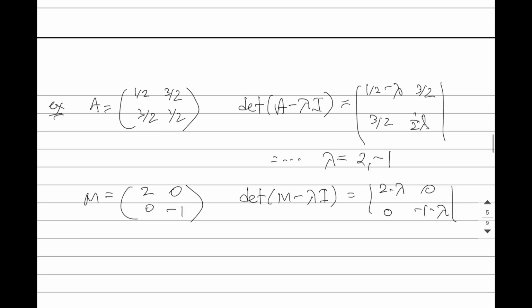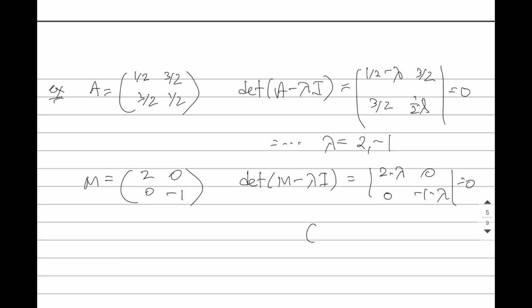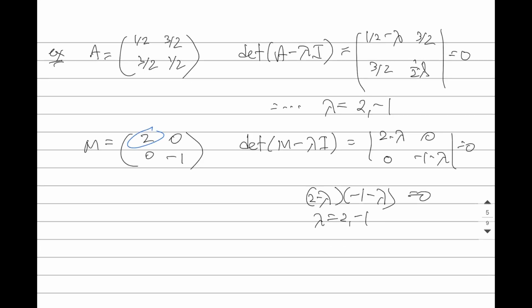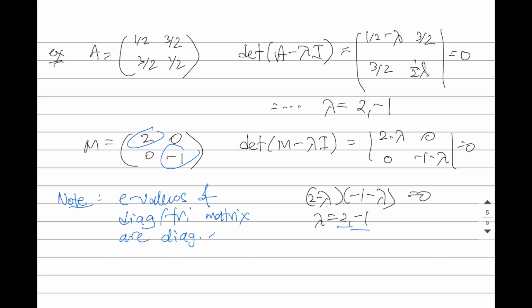And so the characteristic equation would just be this, and so lambda would be 2 or -1. Now there's a really important note here. If you have a diagonal matrix, or even a triangular matrix, the eigenvalues of that matrix are just the diagonal entries. So that's really handy.